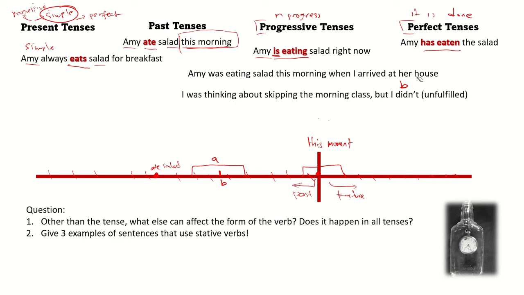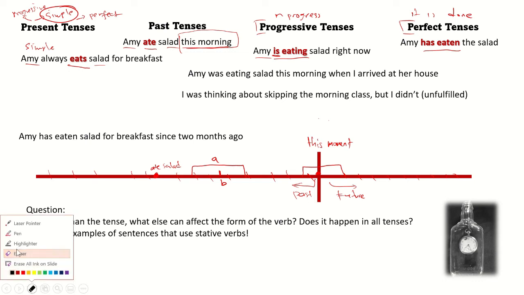Amy has eaten salad for breakfast since 2 months ago. Okay, now you guess. Which tense is this? Yep, that's another form of perfect tenses. I am sure that you are familiar with the characteristic of perfect tenses, right? Yeah, it has or have or had.